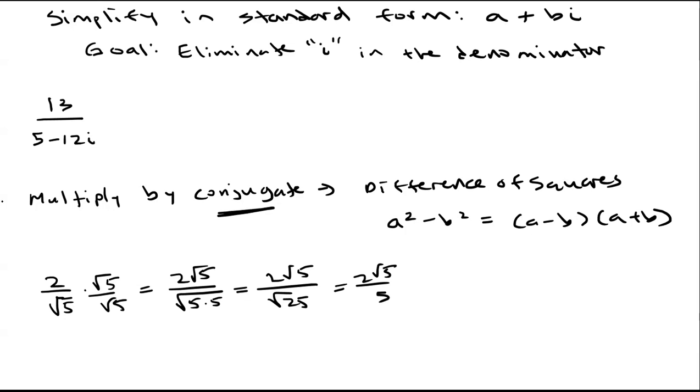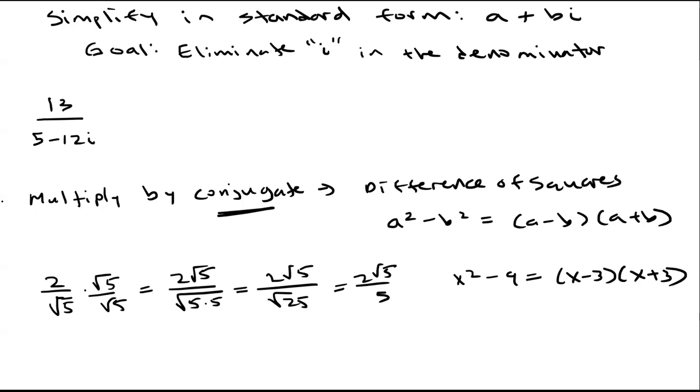If I had a plus b, the conjugate would be a minus b. So for example, if I had x squared minus 9, this will be factored into x minus 3 and x plus 3. So if I had x minus 3, the conjugate would be x plus 3. And vice versa, if I had x plus 3, the conjugate would be x minus 3.